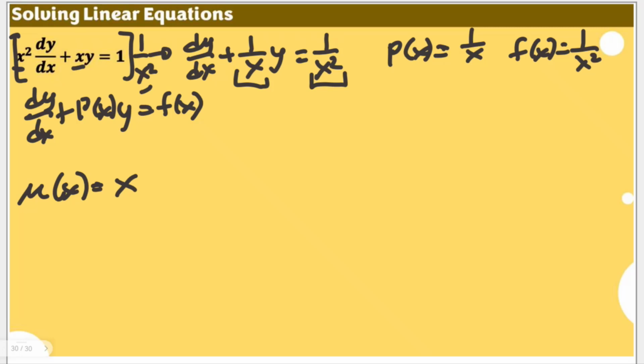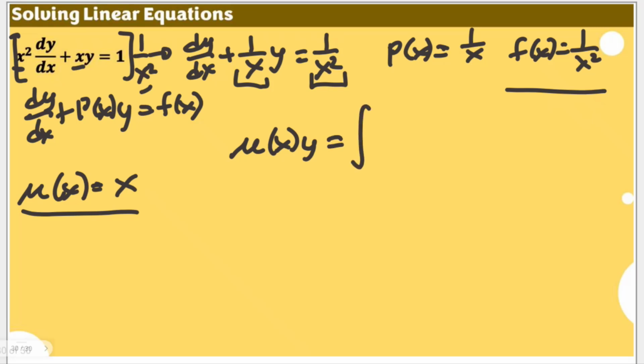I will not show you the process of solving this because it is already captured by the previous video. Please try to view that one. This will be used together with this as we solve for this linear equation. We'll have this form: mu of x times y is equal to the integral of the integrating factor times f of x dx.